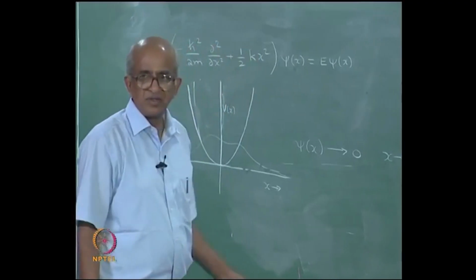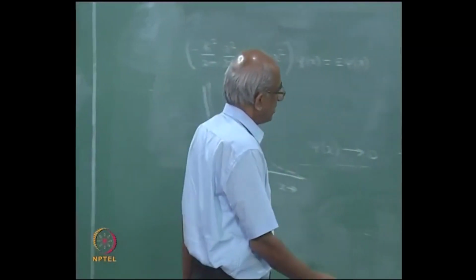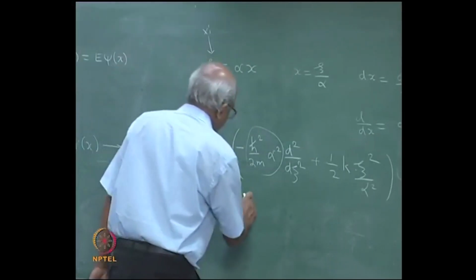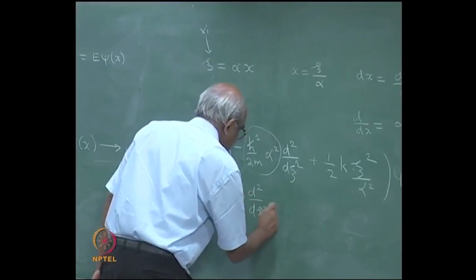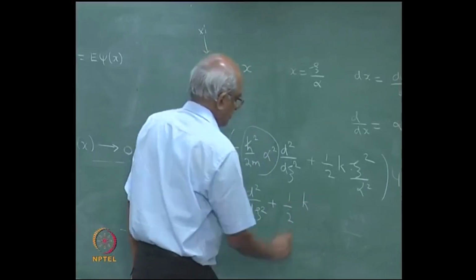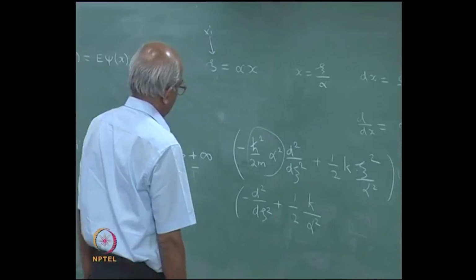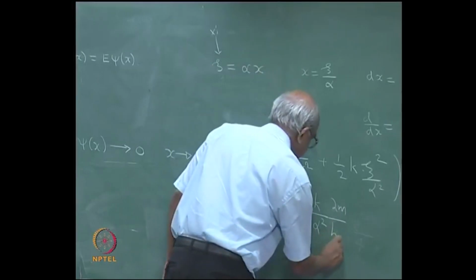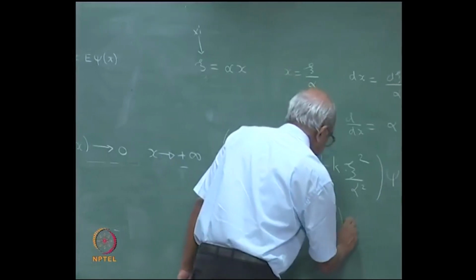Now, still I seem to have introduced an additional constant which I do not even know, but what I will do is I will divide throughout by this factor. So, if I divide it throughout by that factor, what will happen, I will get minus d square upon d xi square plus 1 by 2 k divided by alpha square into 2m divided by h cross square alpha square into xi square.